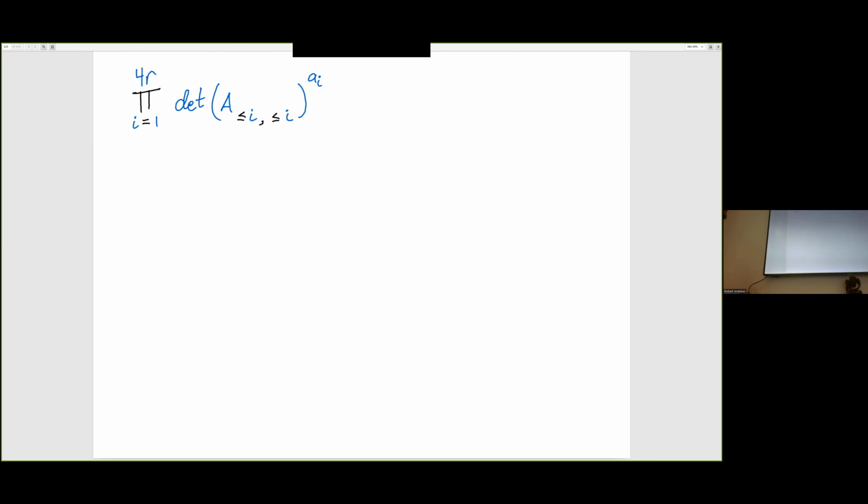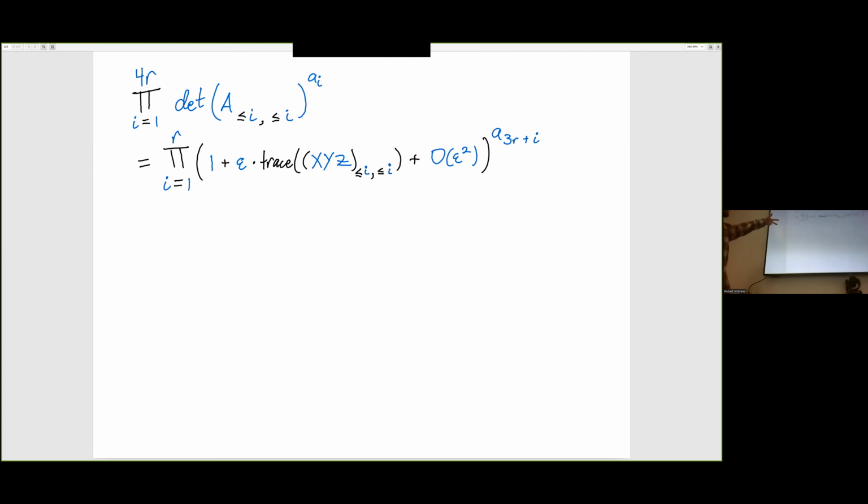So how do we handle this product? You ignore all of the terms of size 3r or smaller, because once you hit size 3r, you've deleted all r vertices in the final column, so you only have self-loops.